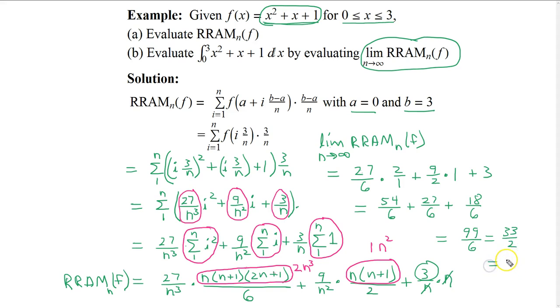And that is 16.5. So that's our limit as n goes to infinity of the RRAM, and that is what this is equal to. So our definite integral we have found is equal to 16.5, or 33 halves.